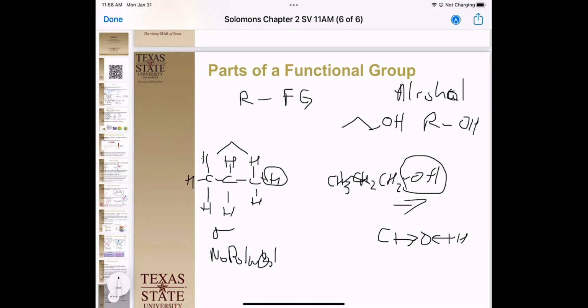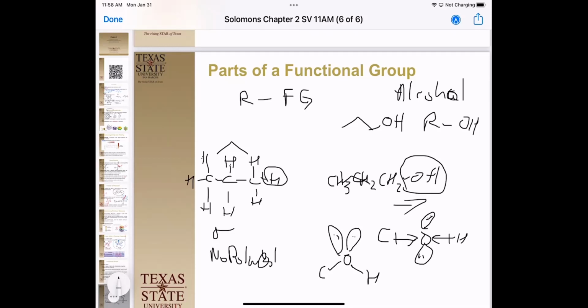Oh, and then we also have two lone pairs, one lone pair here and one lone pair here, okay? We have 4 electronic zones on that oxygen and 2 sigma bonds. So what shape is it? Correct, because we have carbon, sigma bond, hydrogen, lone pair, making our oxygen sp3 hybridized, molecular structure bent.